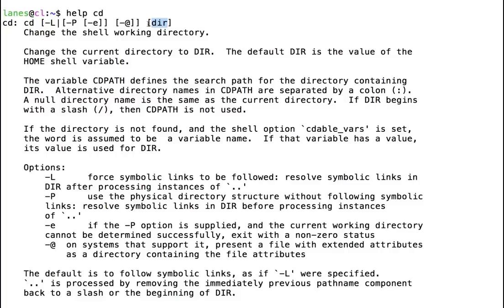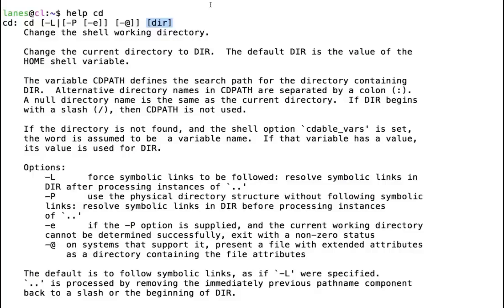However, the square brackets in the usage means that providing this value is optional. In other words, users are allowed to call cd without providing a directory.